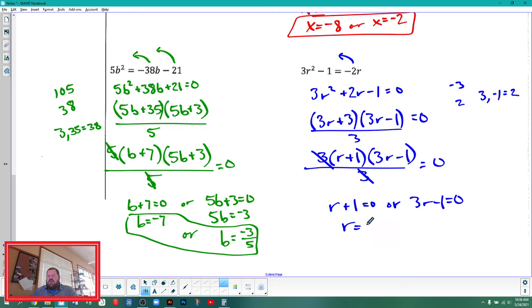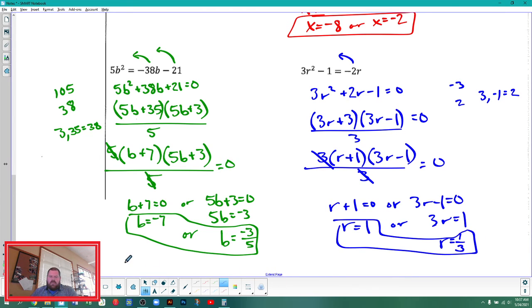This is going to be r equals negative 1, or add 1 to both sides and divide by 3. Okay, come on. I was going to say r equals 3. That's not quite it. 1/3. So I have r equals negative 1 or r equals 1/3. Let me actually redo that.